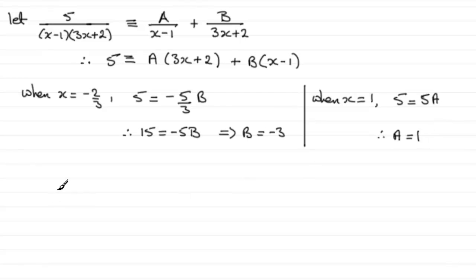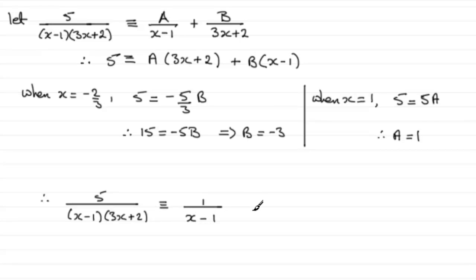So we've got our 2 constants now. So in summary, we can say that 5 divided then by x minus 1 multiplied by 3x plus 2 becomes identical then to a over x minus 1, which is 1 over x minus 1.